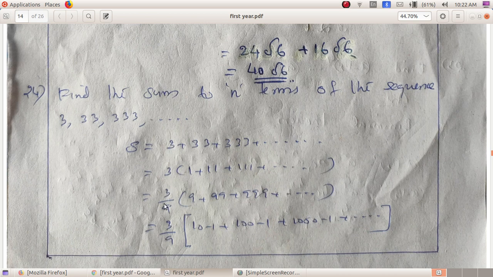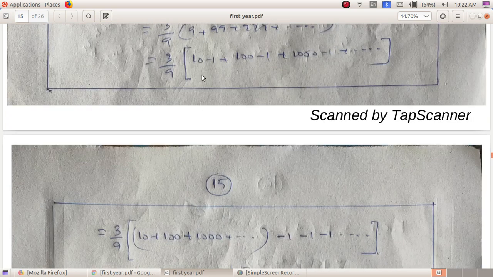If you take 9 in the denominator, then you multiply all the terms in the numerator. That's 9 plus 99 plus 999 plus etc. What is 9? 10 minus 1. 99, 100 minus 1. 999, 1000 minus 1 and so on. 10 plus 100 plus 1000 plus etc. in a bracket, minus 1, minus 1, minus 1 in another bracket.